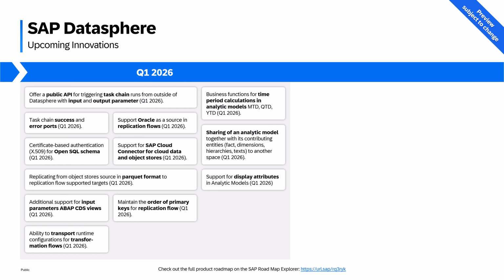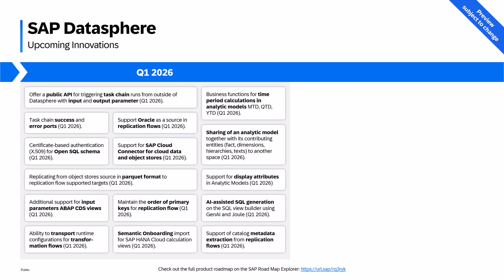We also want to introduce the concept of display attributes in analytic models that you can select and define there. Moreover, we want to introduce another AI-featured functionality: AI-assisted SQL generation in the SQL View Builder using GenAI and Joule.